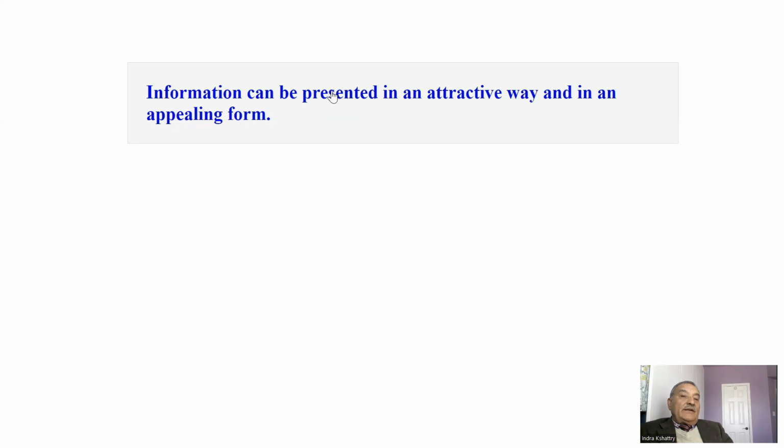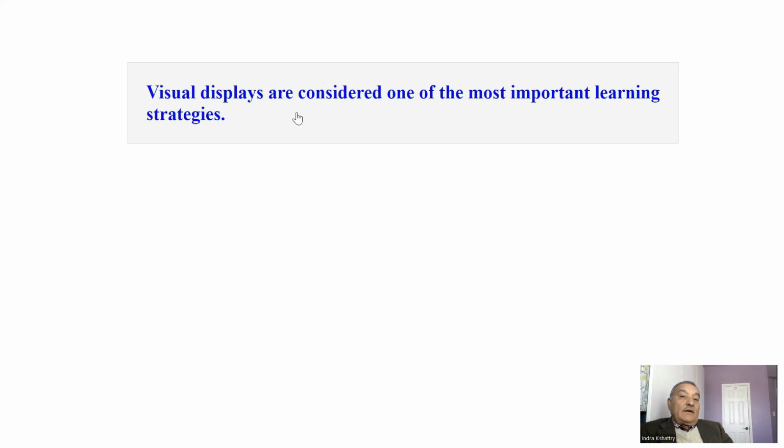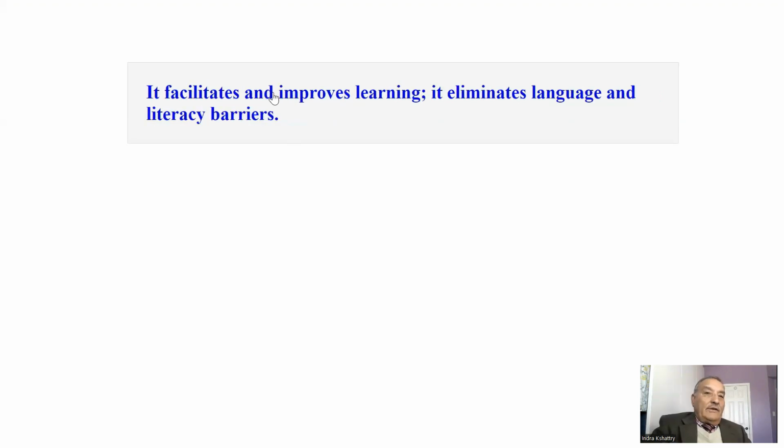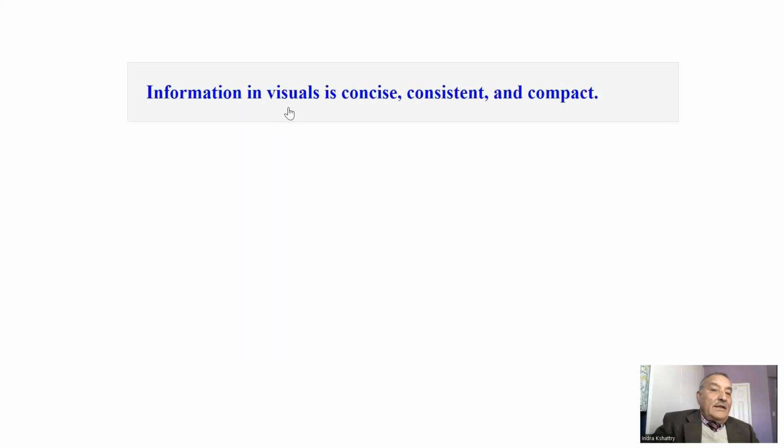Information can be presented in an attractive way and in an appealing form. Visual displays are considered one of the most important learning strategies. It facilitates and improves learning. It eliminates language and literacy barriers.